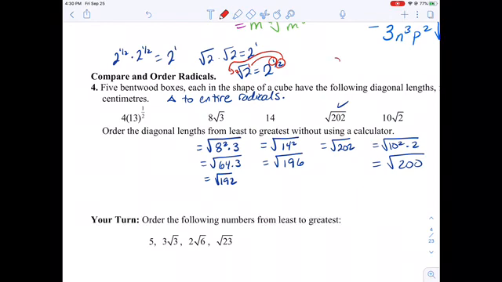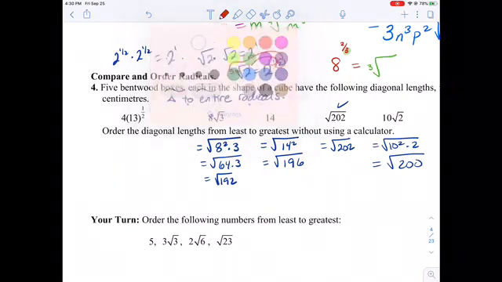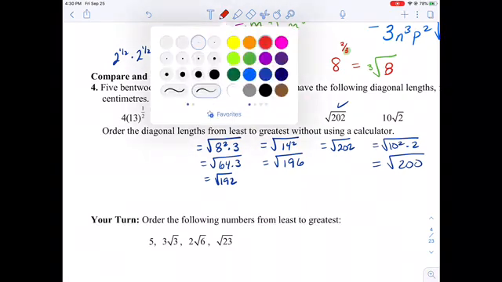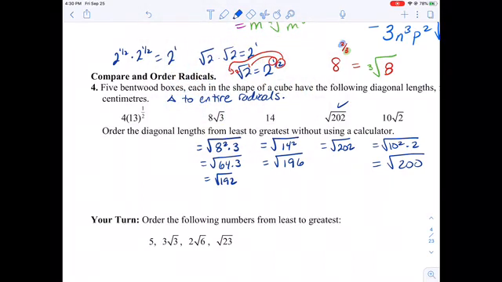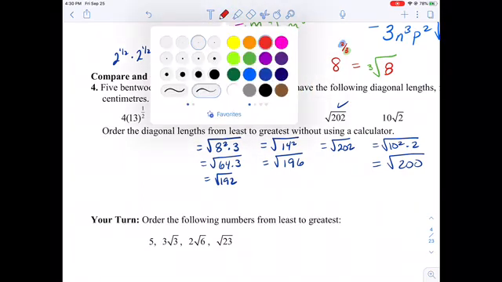So for example, I could do something like 8 to the power of 2/3. The denominator becomes the index, so that would be the cube root of 8, and then the numerator becomes the power.